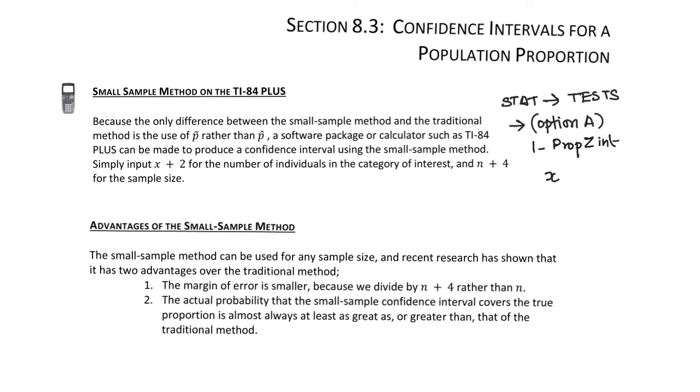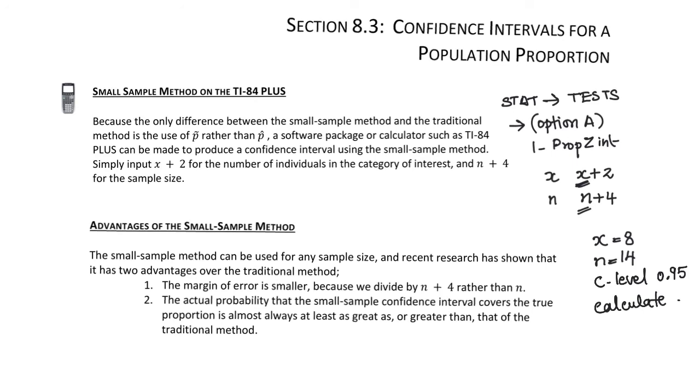For x and n, for x you will enter x plus 2, and for n you will enter n plus 4. These values will be known, x and n will be given. So compared to the previous example, we will enter x equal 8 and n equal 14 and C-level 0.95, then calculate and round your answer to 3 decimal places.